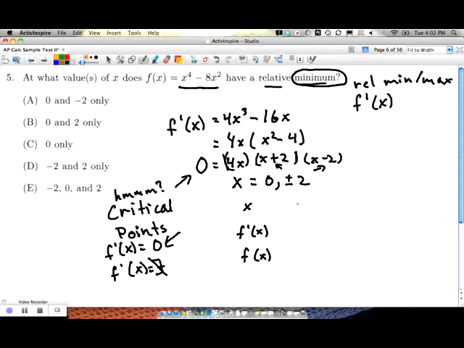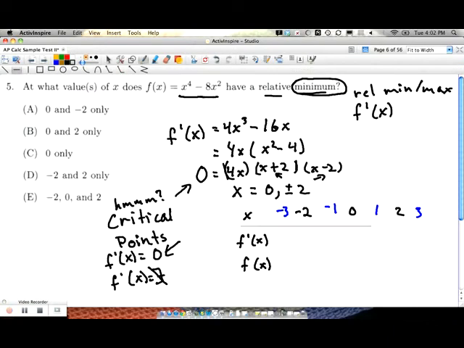So the x values that I want to check, I need to check -2, I need to check 0, and I need to check 2, but I also need to check in between those. So I'm also going to check 1, -1, and -3 out here, and 3 out front as well. So let's make a little chart. Splitting this up for ourselves.